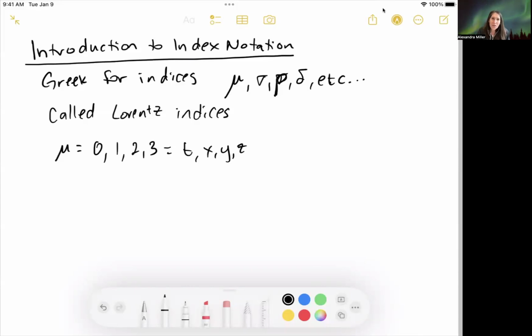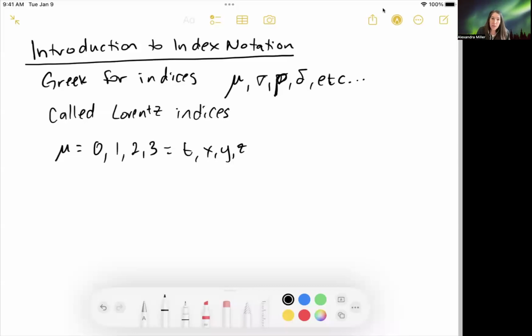I like 0, 1, 2, and 3 better because we might choose to use polar coordinates instead of Cartesian coordinates. We can use whatever spatial coordinates we like. It doesn't have to be x, y, and z. But there is always going to be one time-like index. Whatever you choose to use, there just needs to be 4 of them.